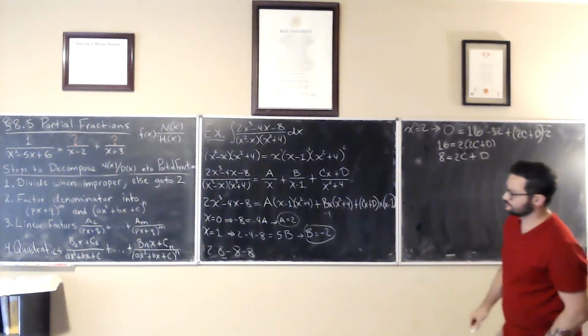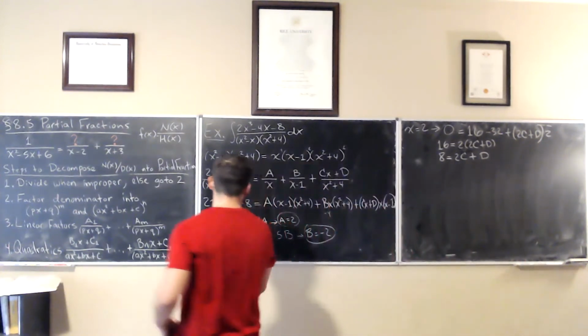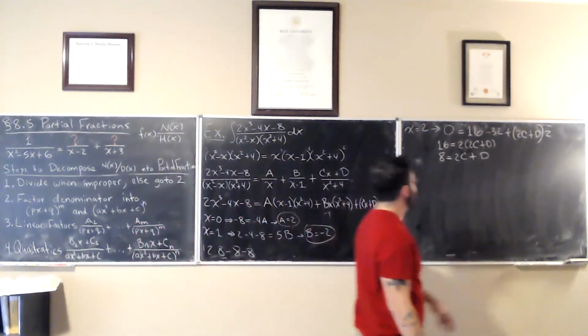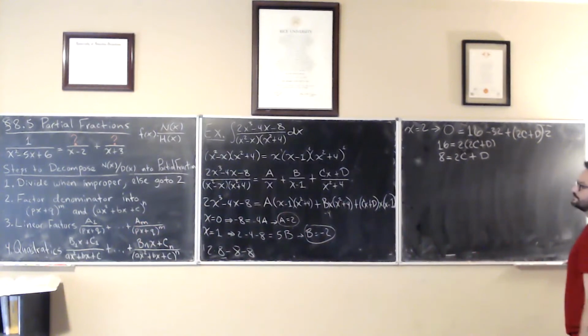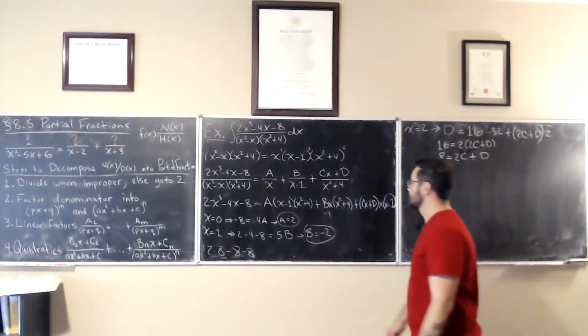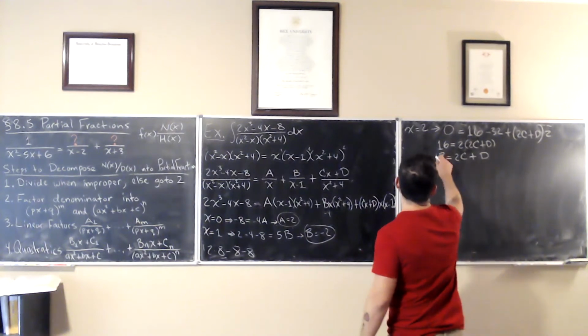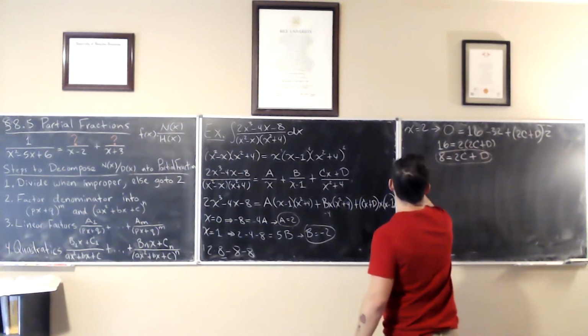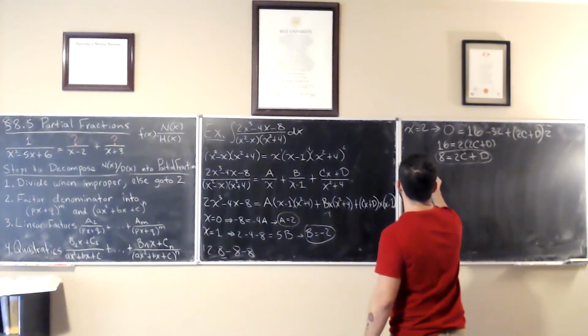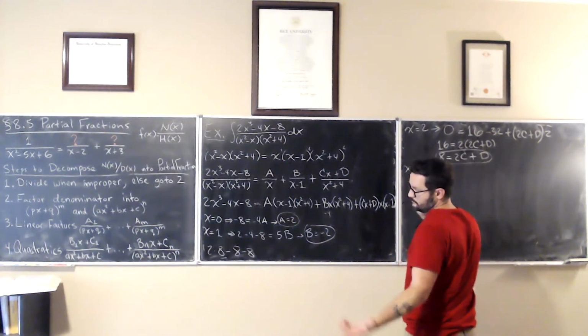All right, so that gave us one equation, and now we just need another one. So what's another easy one? Maybe -1, maybe? We're going to keep this for later. So now let's take x equals -1.